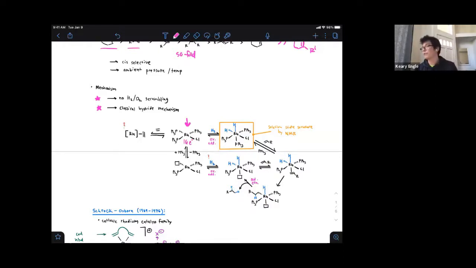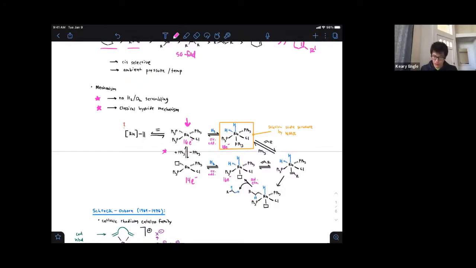But there's also an alternative pathway, which is the one drawn here. So if this is 16 electron, then this would be 14 electron. And then the 14 electron species could also bind H2, form the sigma complex, and undergo oxidative addition to make this now 16 electron species.